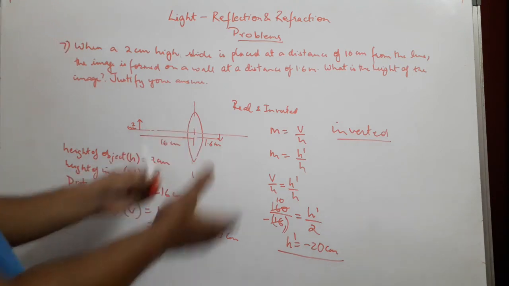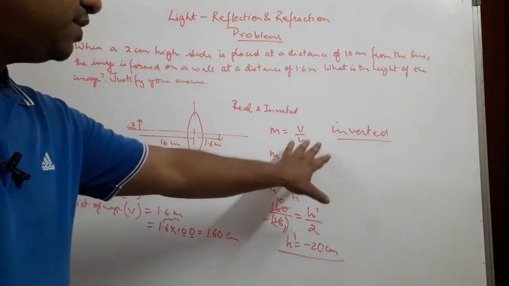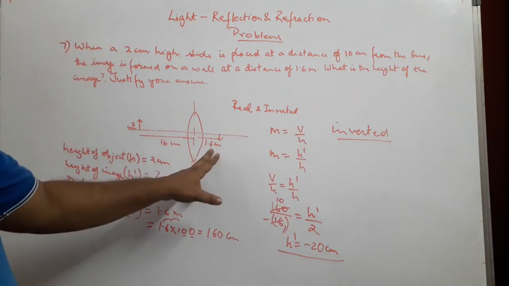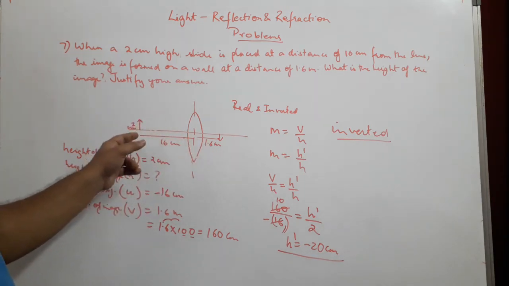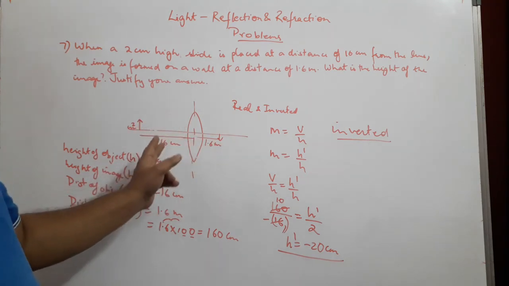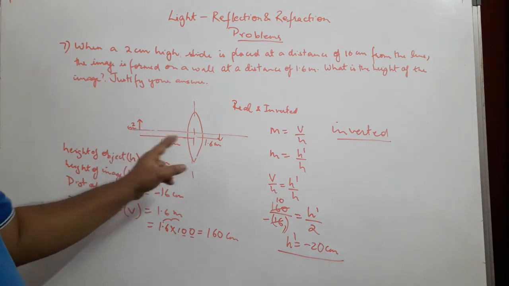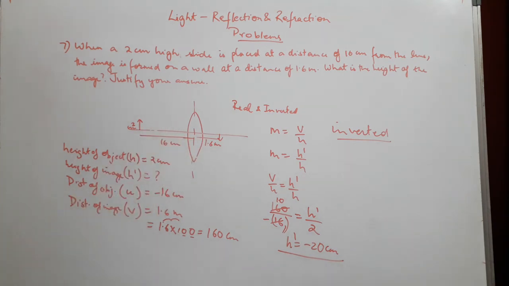Okay, there are lots of justifications that you can give, but this is the answer. And to know that, we need to know about this x and y axis. That is why it becomes important to know which side of the axis your image comes and which side of the axis the object is, the distance of the image and the distance of the object, whether it is positive or negative. Okay.